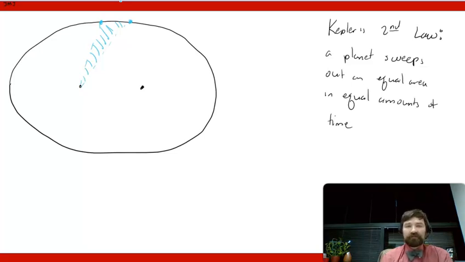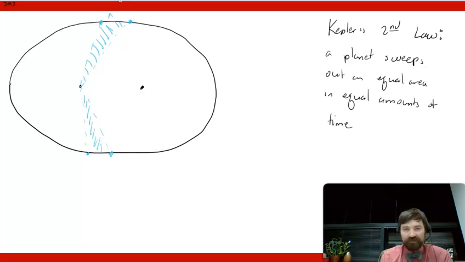And then somewhere else in its orbit, maybe it sweeps out from this location to this location in the same amount of time. So maybe this represents a week, and this right here represents another week. Then these two areas must be equal to each other.